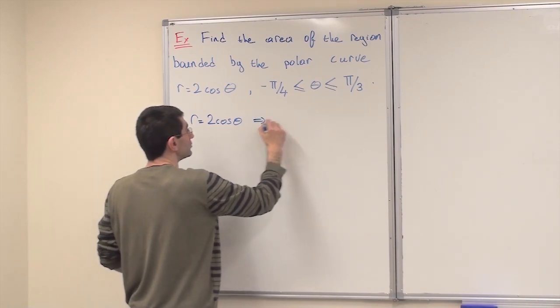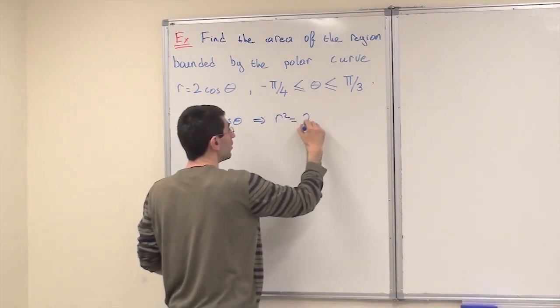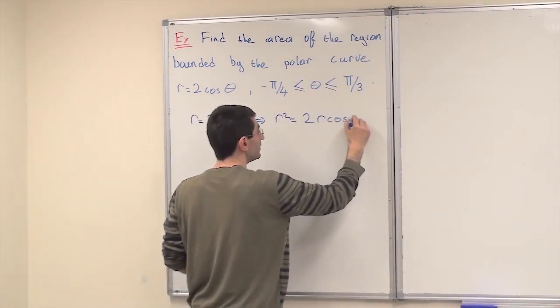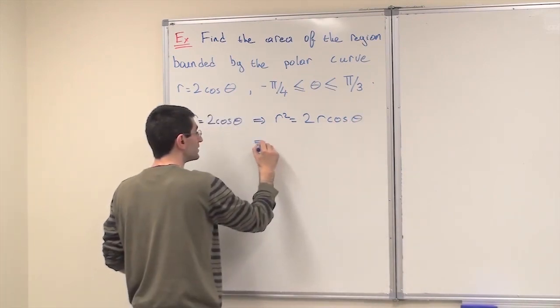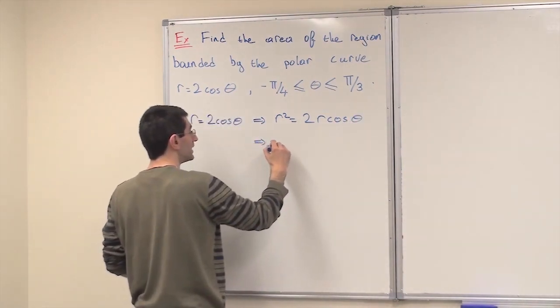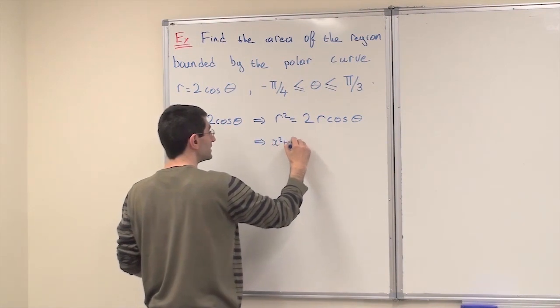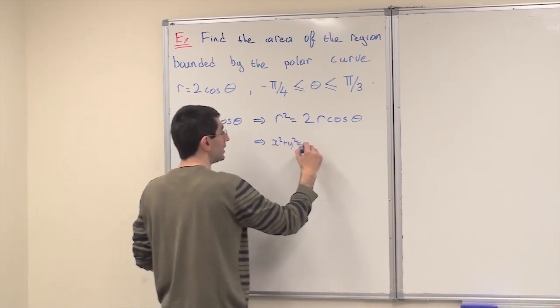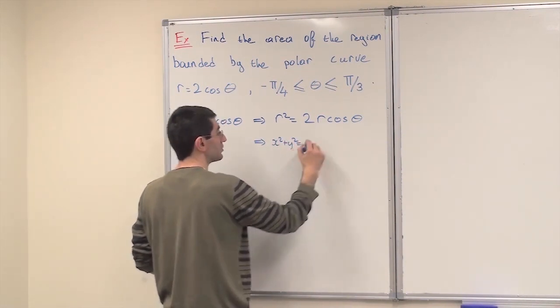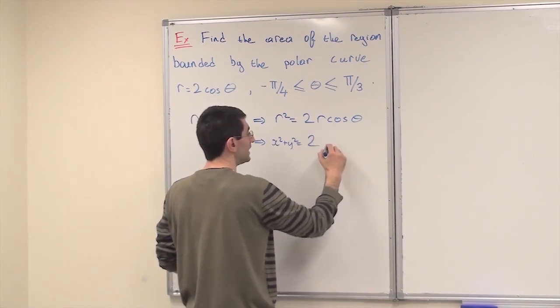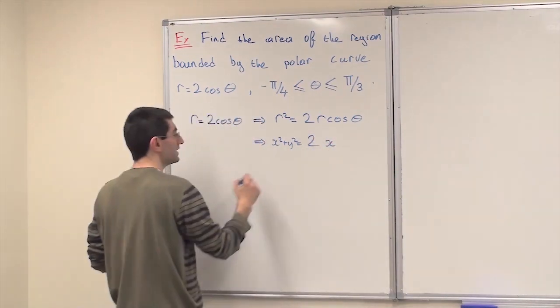To do that, we multiply both sides by r first, then using the relations between polar coordinates and Cartesian coordinates, we substitute r squared by x squared plus y squared and r cosine theta by x.